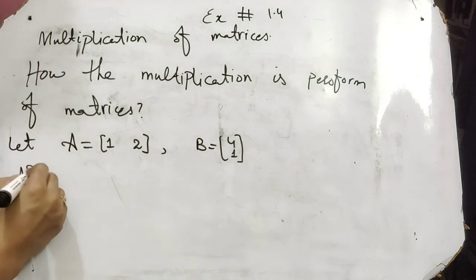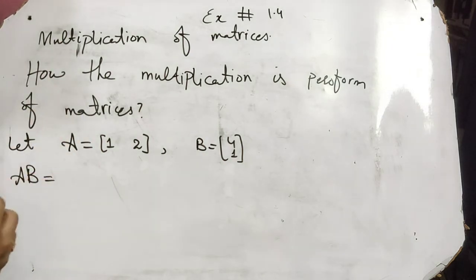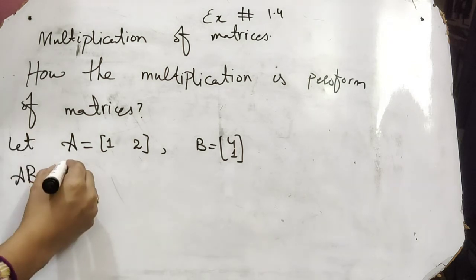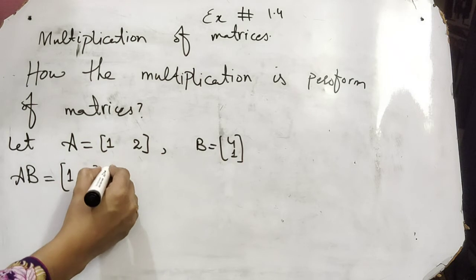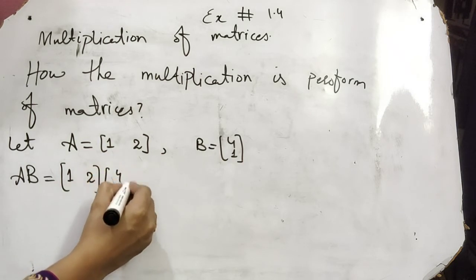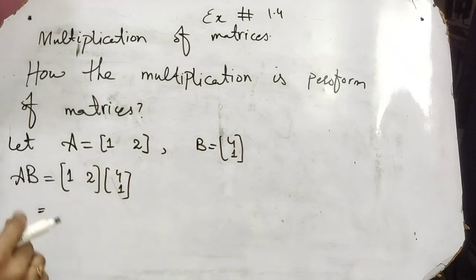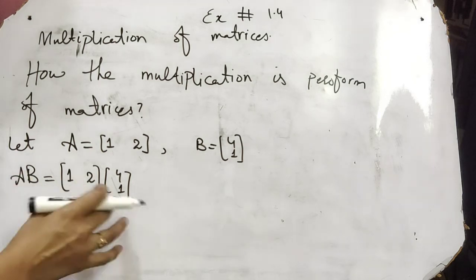The multiplication would be AB equals 1, 2 times 4 and 1. Now we multiply these two matrices.